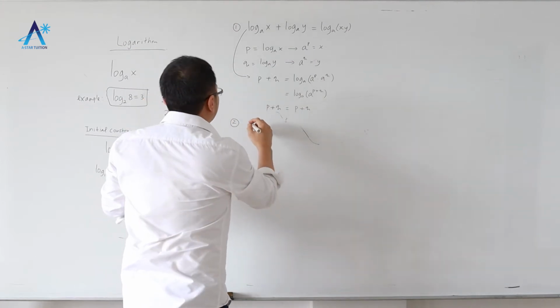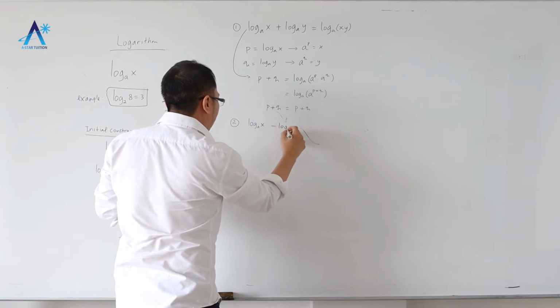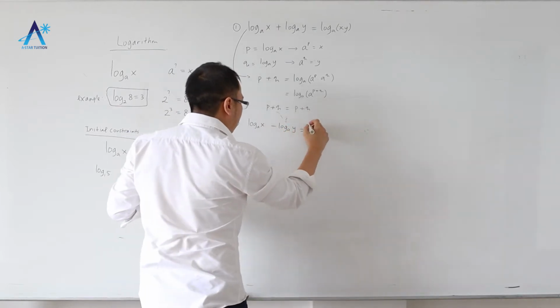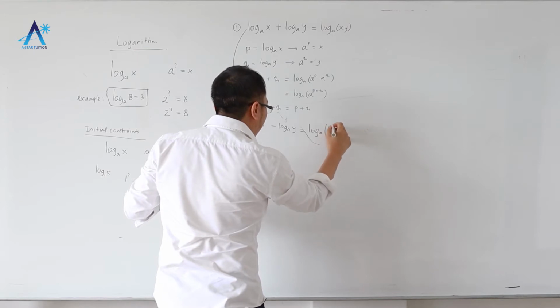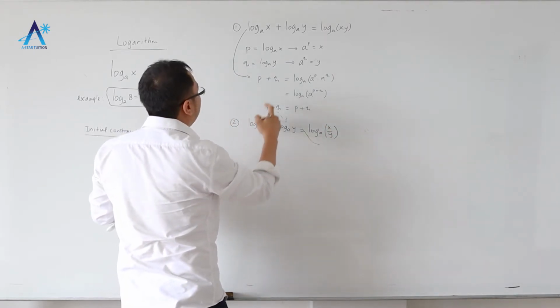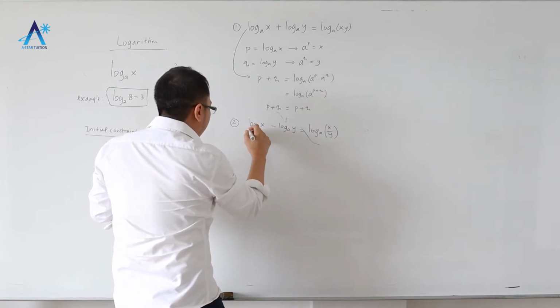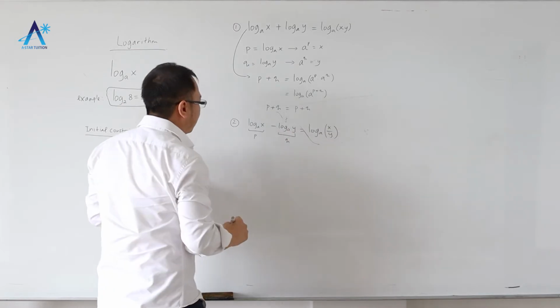Moving on. Second rule, log base a of x minus log base a of y is equal to log base a of x over y. Similarly, this is regarded as p while this is regarded as q.